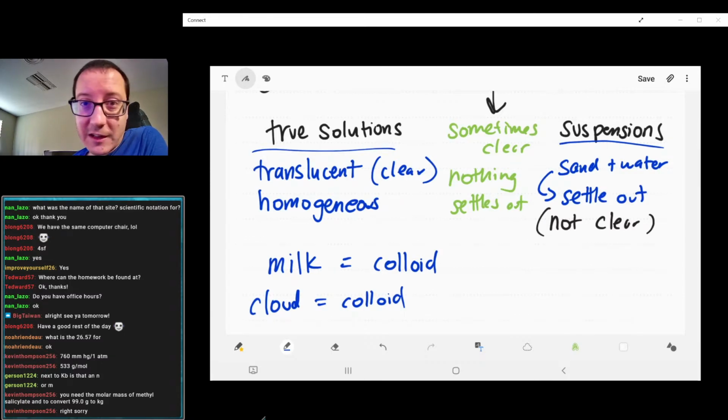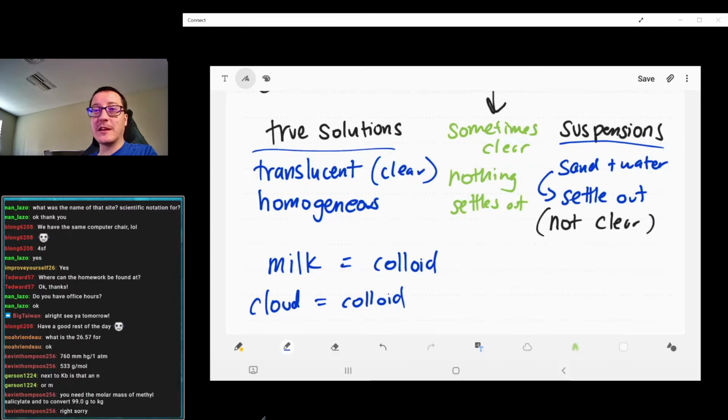We cannot see through a cloud. And it's not going to settle out. A cloud, if you were to somehow encapsulate a cloud or fog or something, doesn't really settle out. The particles just don't go to the bottom. Clouds stay around until they burn away or they precipitate or something.